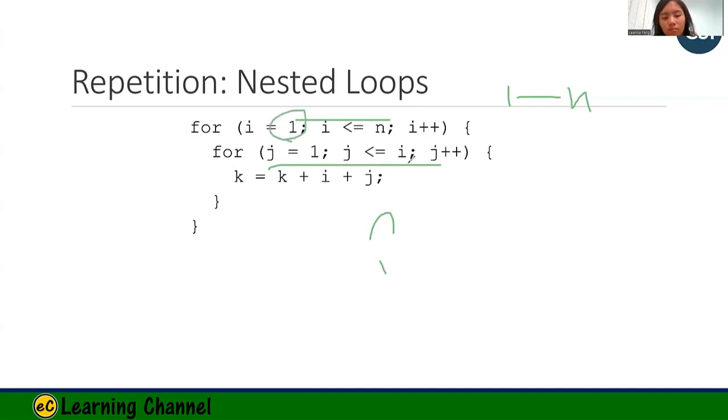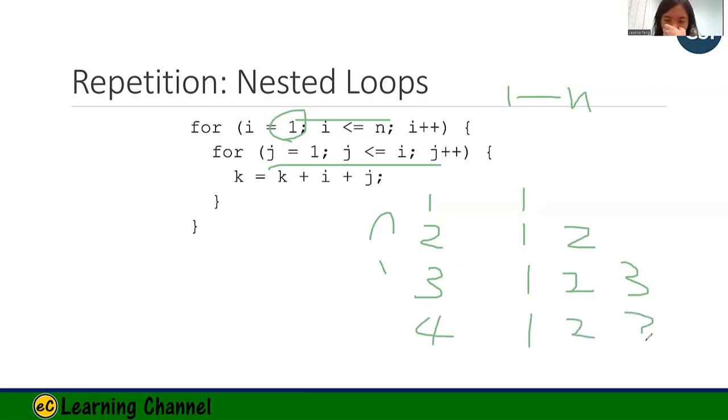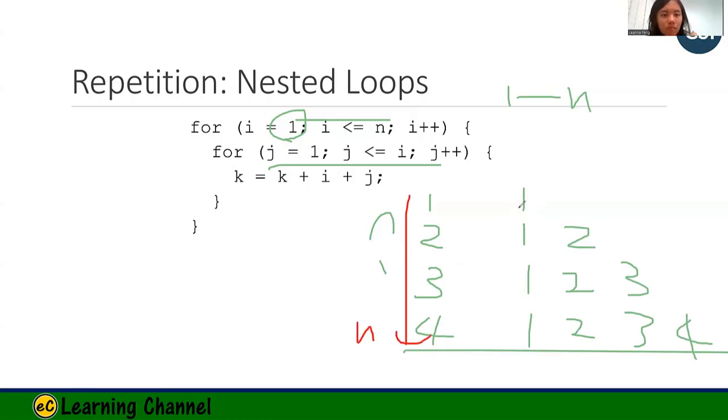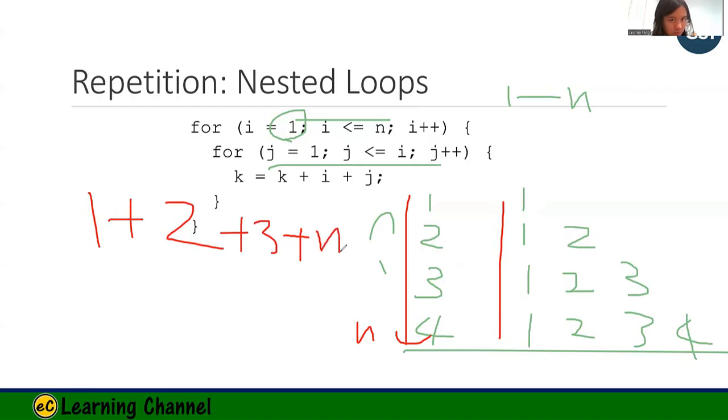J will be from 1 to I, so actually J from 1 to 1. If I equals 2, then J is 1 and 2. I equals 3, J is 1, 2, 3. I equals 4, J is 1, 2, 3, 4. So totally, for I from 1 to N, this one is 1 plus 2 plus 3 up to N.